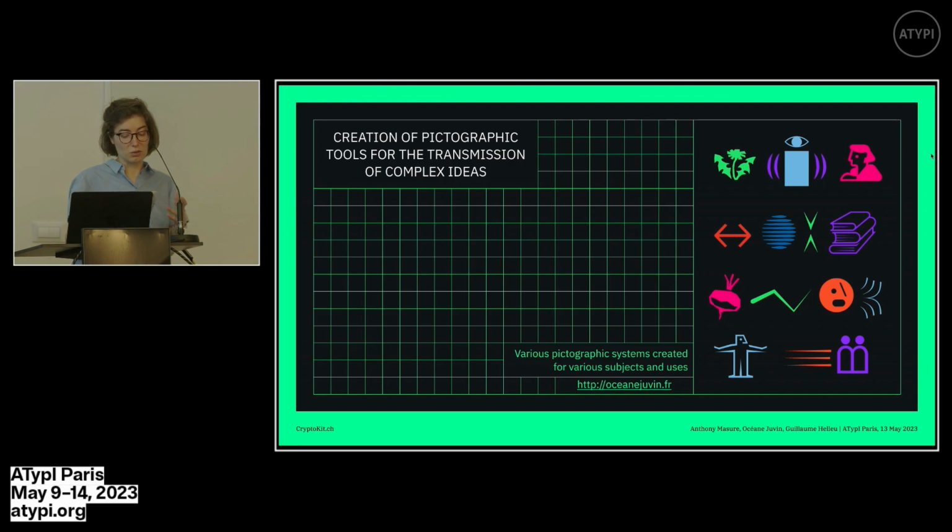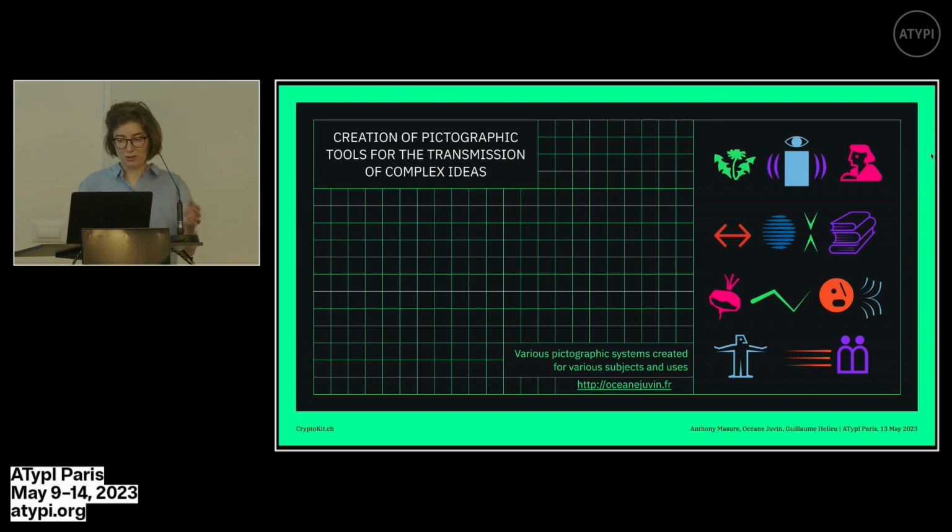It means that I use graphic means to make complex subjects accessible in a playful way. It can be a piece of literature, gardening, or philosophy, or the activities of a scientific laboratory. And I especially do this through the creation of pictographic tools that visualize systems, tell stories, explain phenomena, popularize concepts.